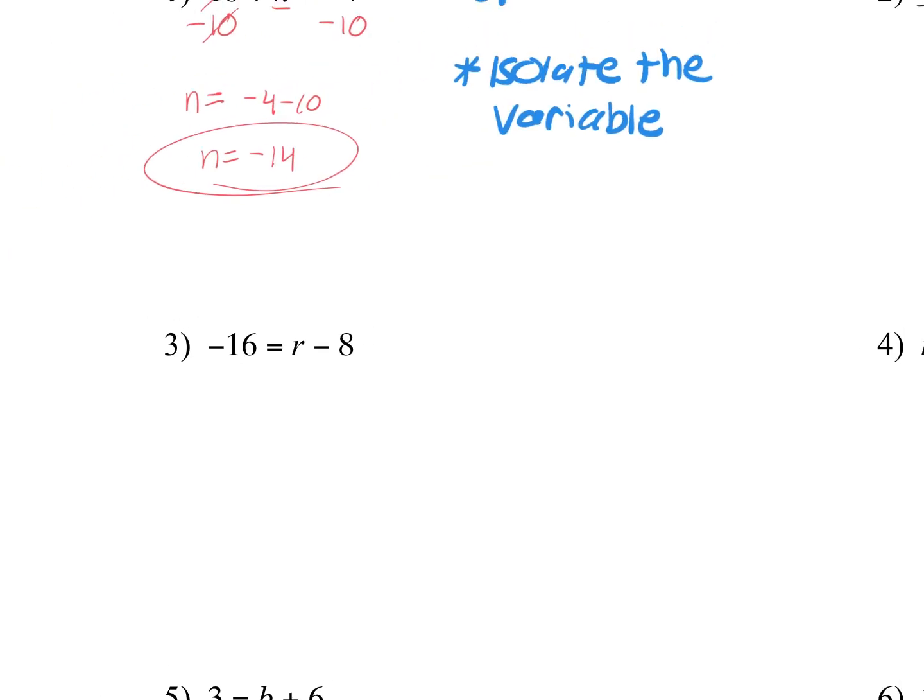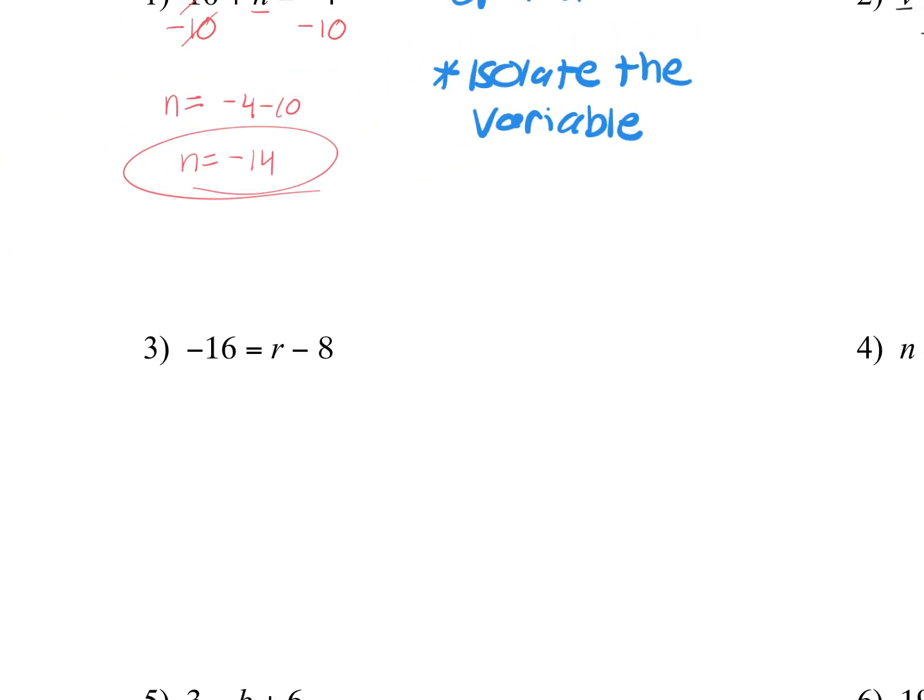Just keeping this going, I have r on the right-hand side of the equal sign. This is the variable that we want to isolate. And on the side of the equal sign, we have r minus 8. The 8 is being subtracted. The inverse of subtraction is addition, so let's add 8 on both sides. -8 plus 8 is 0, as always.